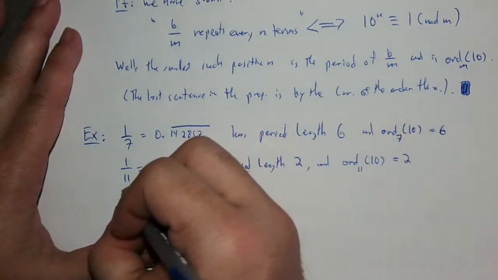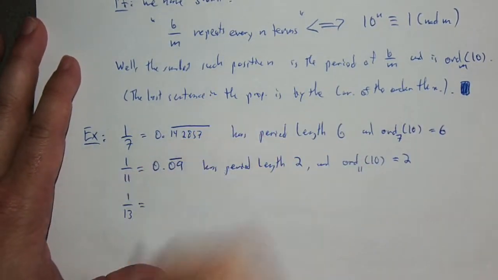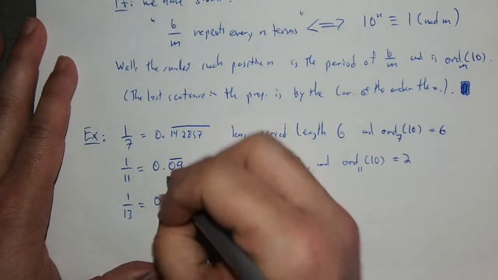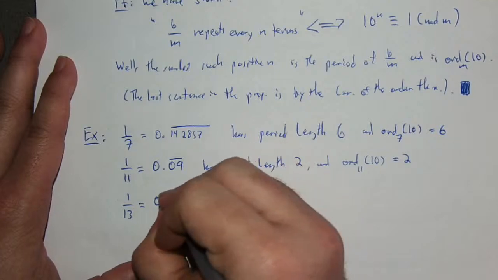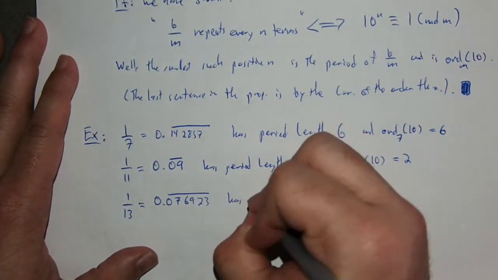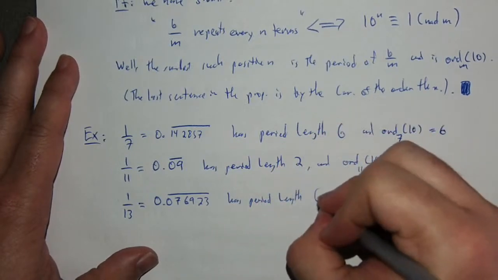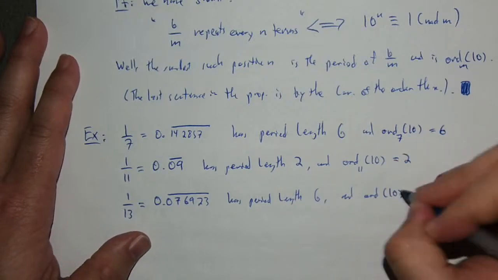Okay. So then 1 over 13 is 0.076923 repeating. And this has period length 6. And notice that the order of 10 mod 13 is 6.